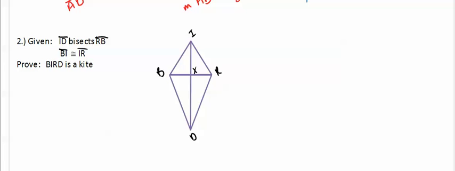From the given, what we can say is that BX is congruent to RX, and we already know that BI is congruent to IR. Now, if we remember the equidistance theorem, since I have 2 sets of congruent segments, that implies that ID is a perpendicular bisector.